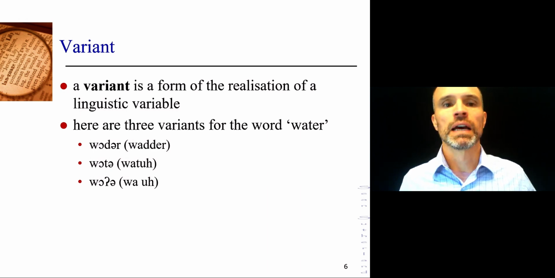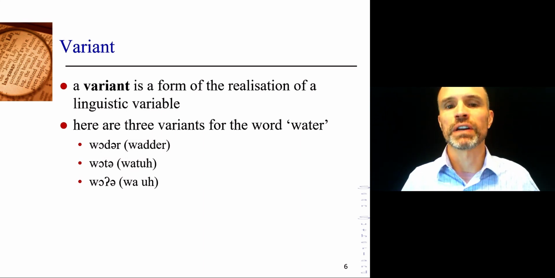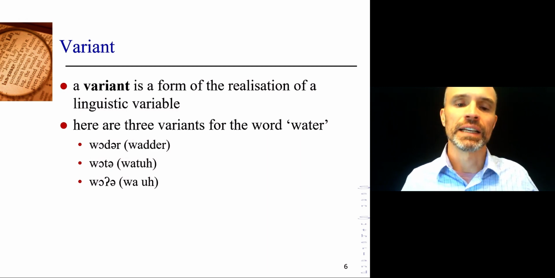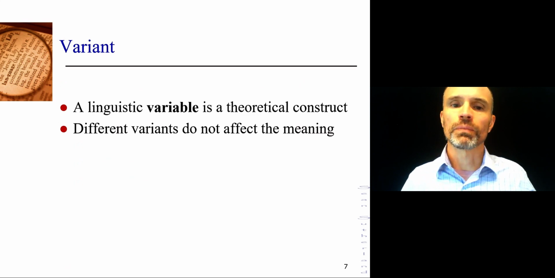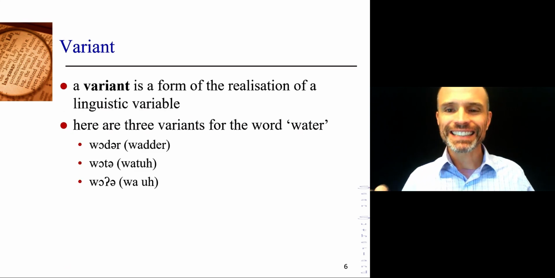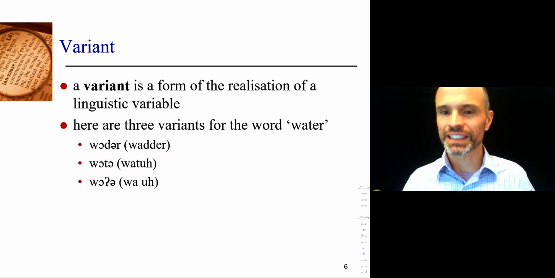A glottal stop. Try them all. Pause if you want and try them all, right? And then you've got three variants for the sound of the T here, right? What this means is that that T, but also the ER, but let's just focus on the T.